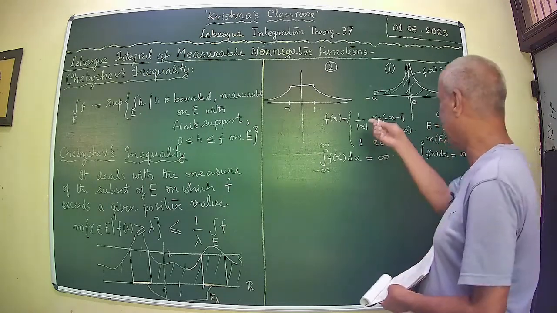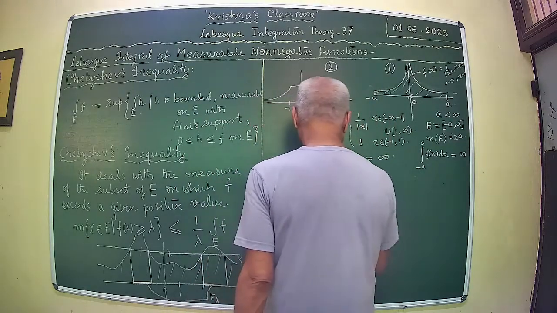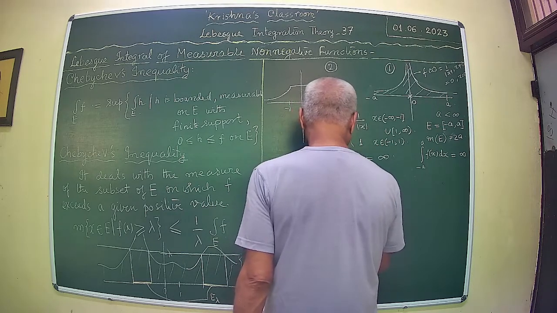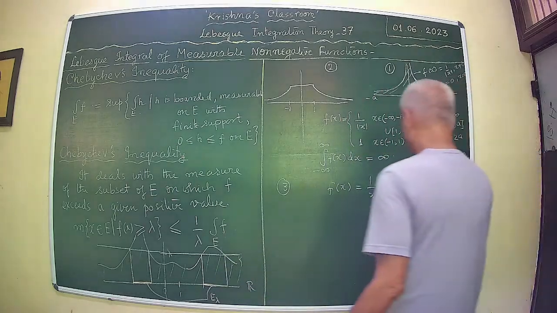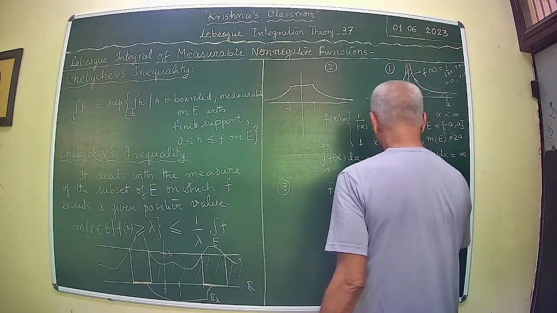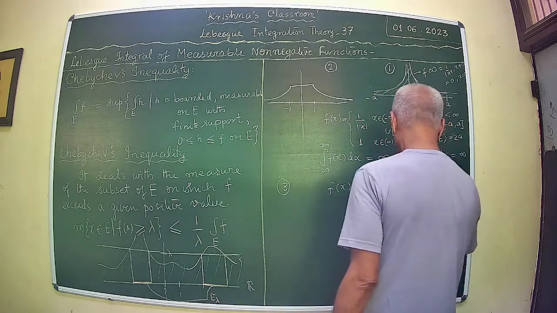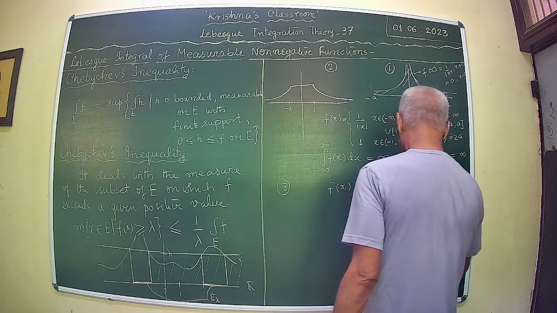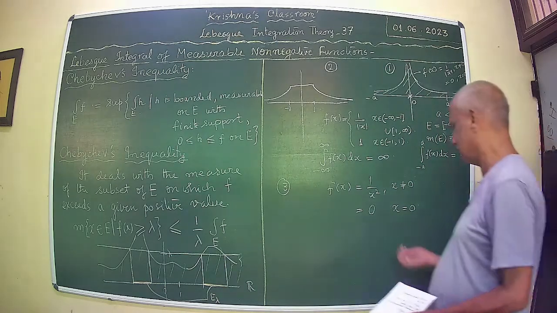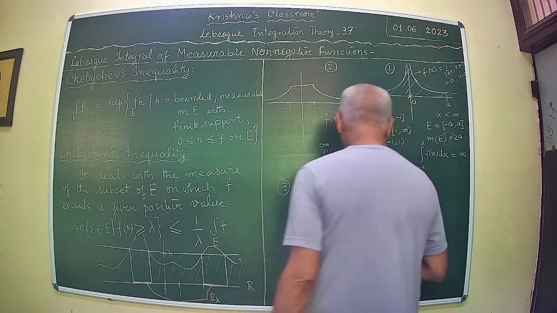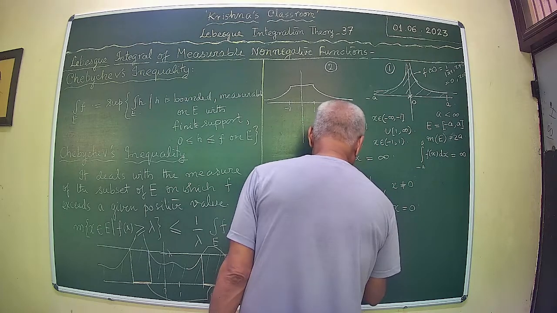Okay. On the other hand, suppose I modify this function. The third scenario is I take the function f(x) to be equal to 1 upon x square for x not equal to 0, and equal to 0 or 1, or whatever value you want. Now in this case you see that we know the integral from minus infinity to plus infinity.